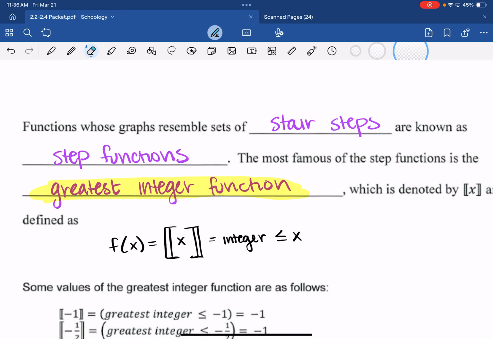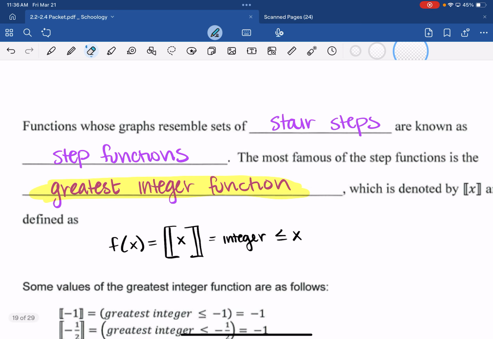Don't confuse it with that. It's also not just a bracket. That tells me greatest integer. This whole thing equals whatever integer is less than or equal to what's inside it.